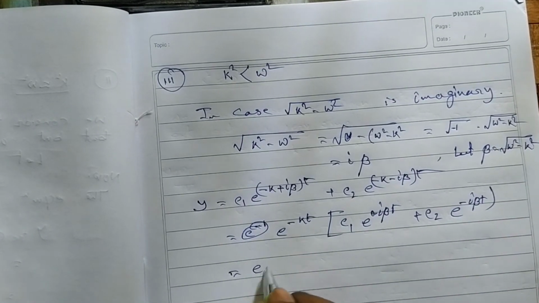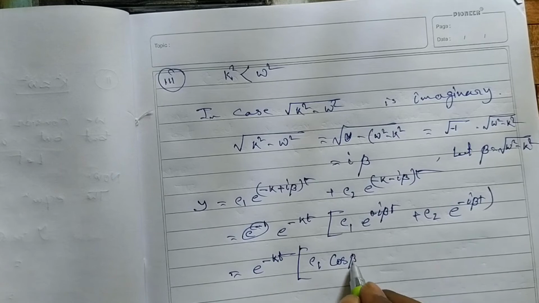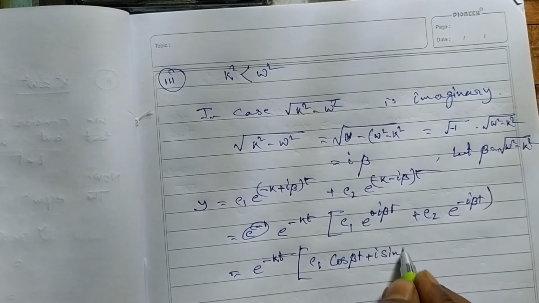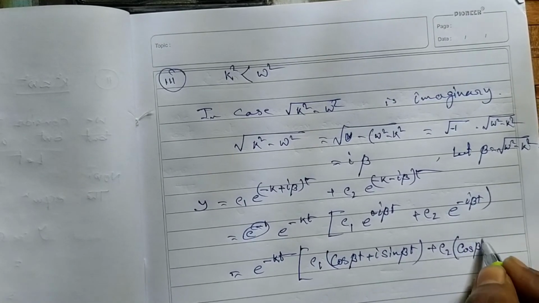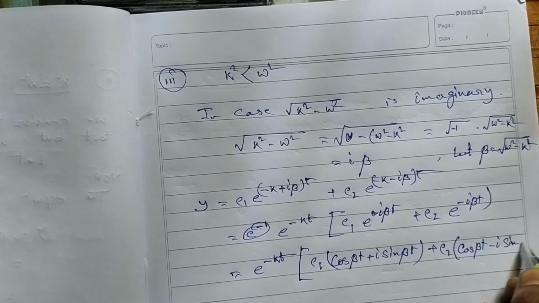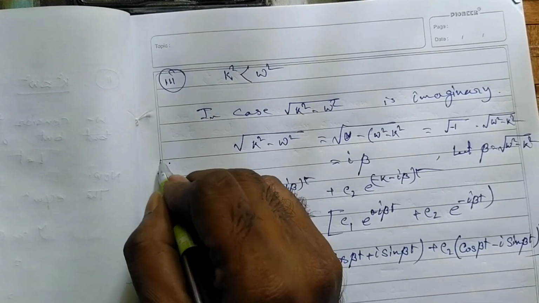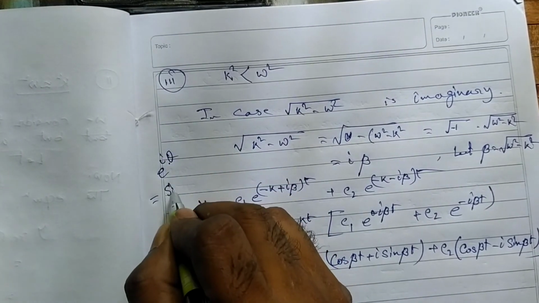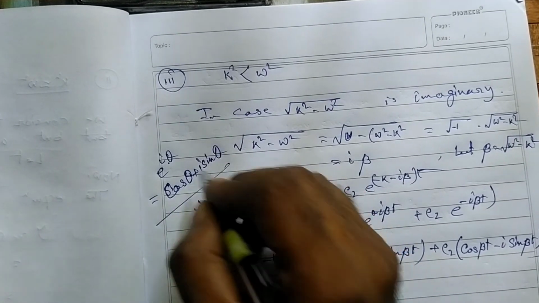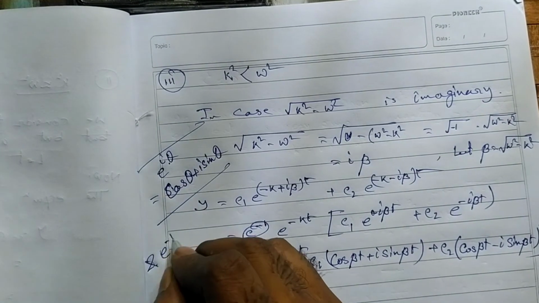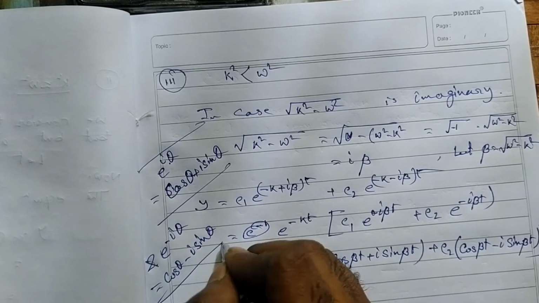So e to the power minus kt times c1 cos beta t plus i sin beta t plus c2 cos beta t minus i sin beta t, because you know that e to the power i theta is equal to cos theta plus i sin theta, and e to the power minus i theta is equal to cos theta minus i sin theta.